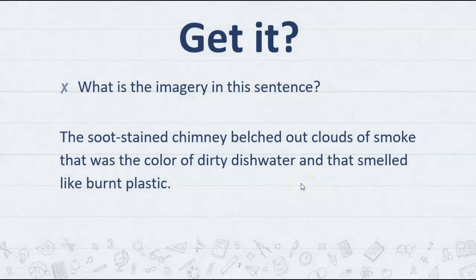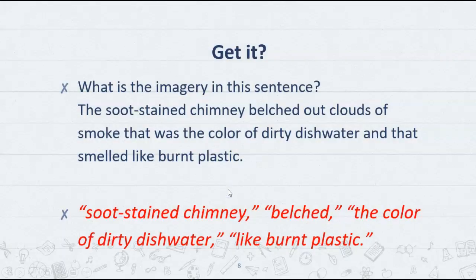So what is the imagery in this sentence? The soot-stained chimney belched out clouds of smoke that was the color of dirty dishwater and that smelled like burnt plastic. There's a whole lot going on in this sentence, so let's break it down a little bit. First of all, we have soot-stained chimney. That tells us what it looks like.